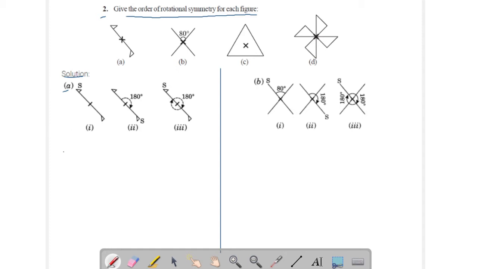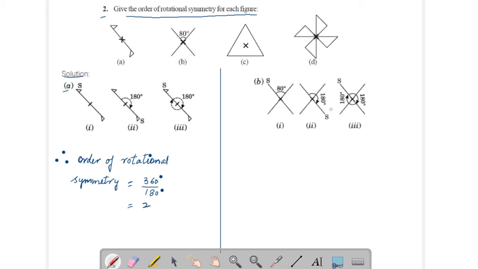Therefore, order of rotational symmetry equals 360 degrees divided by 180 degrees, equal to 2.